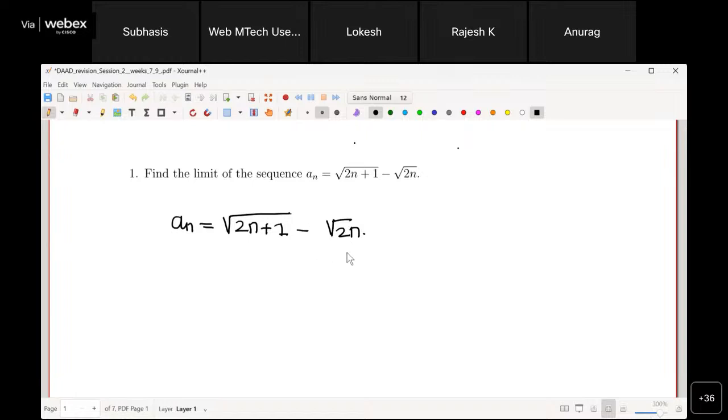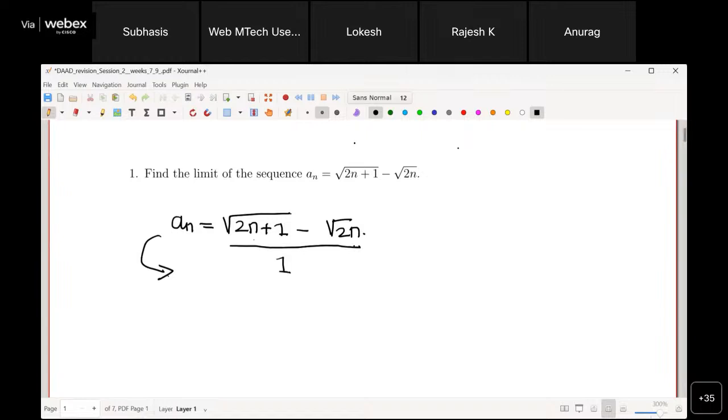So what we need to do is rationalize this sequence. For that, we need to multiply something in the numerator as well as in the denominator.